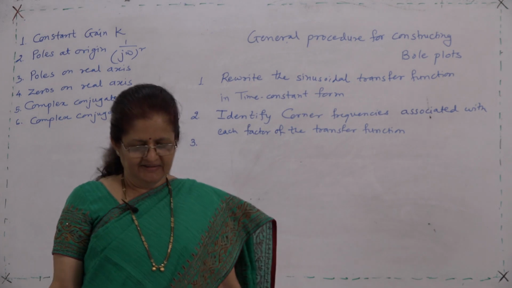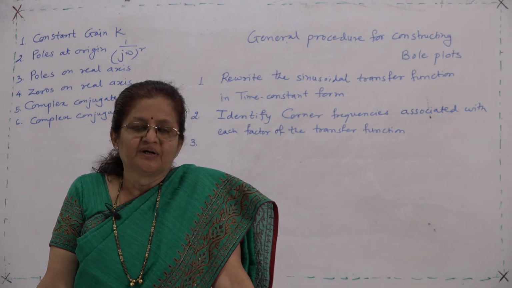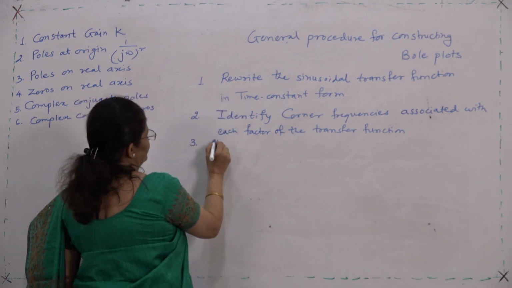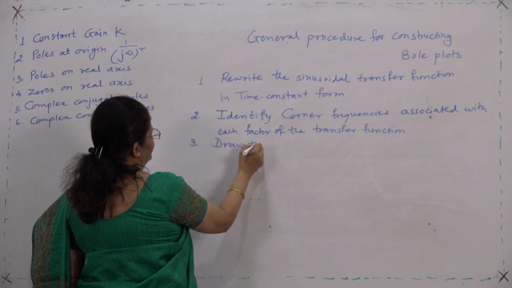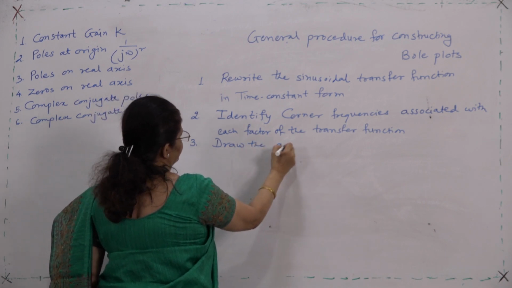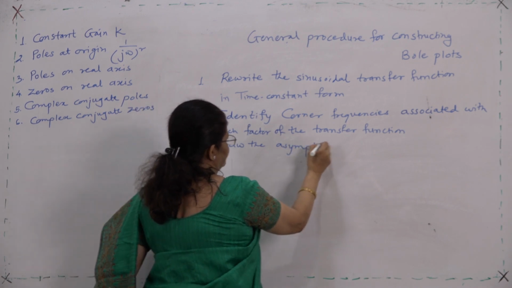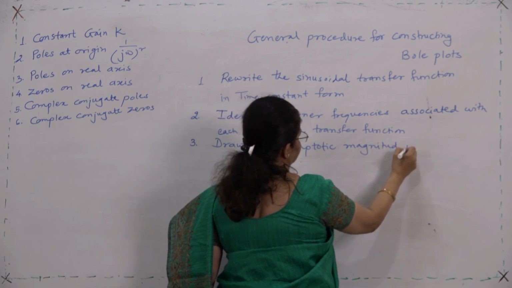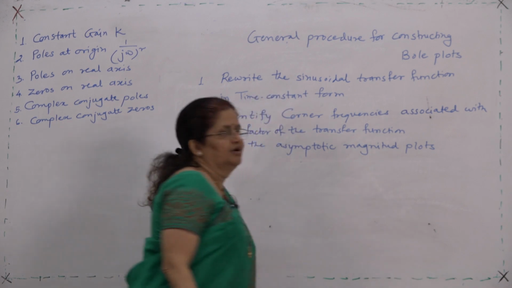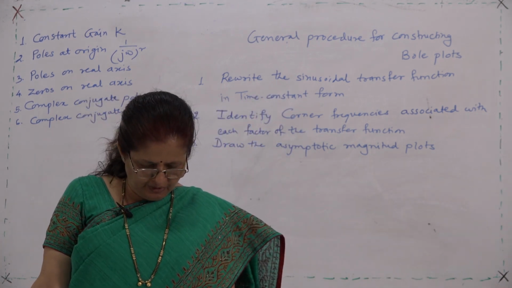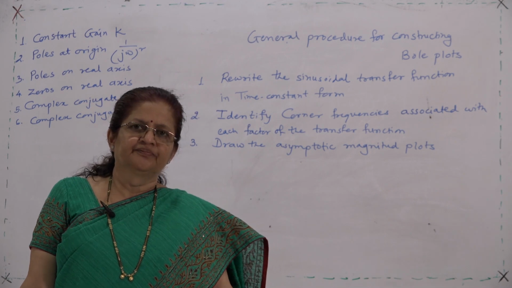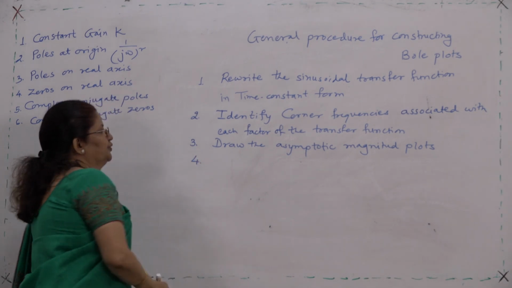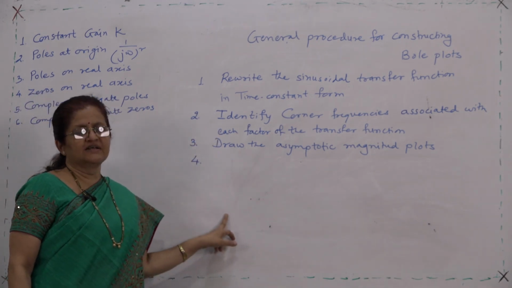Third step is, knowing the corner frequencies, draw the asymptotic magnitude plot. Draw the asymptotic magnitude plots for each term. One care you can take while drawing the asymptotic plot is to arrange the corner frequencies in ascending order.